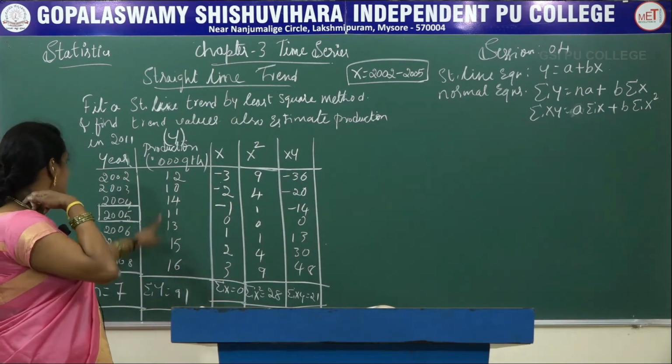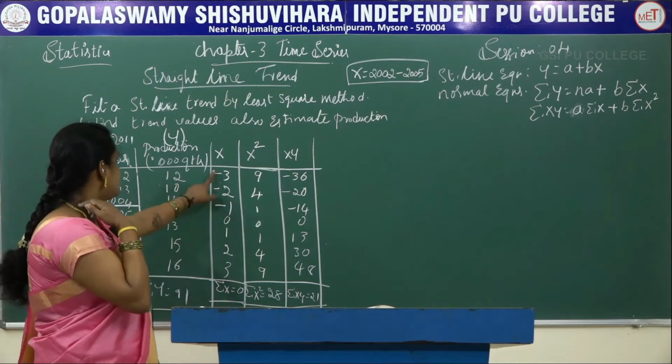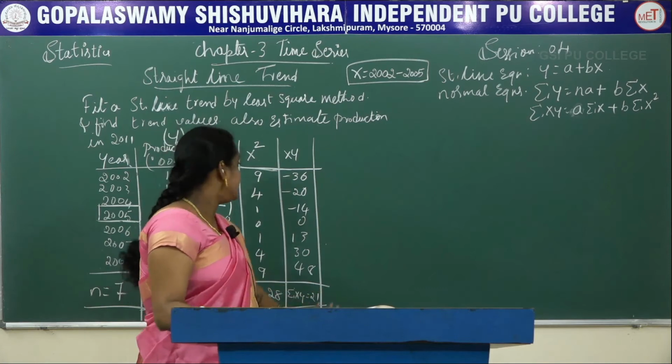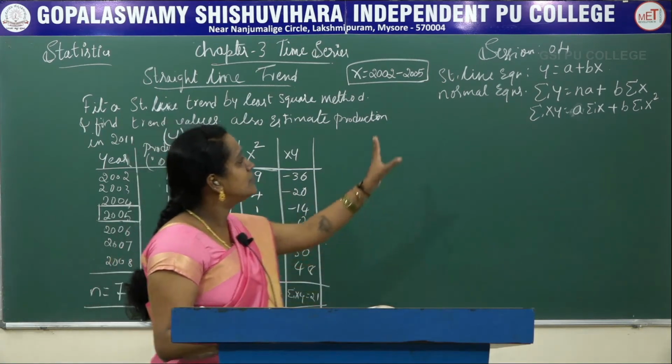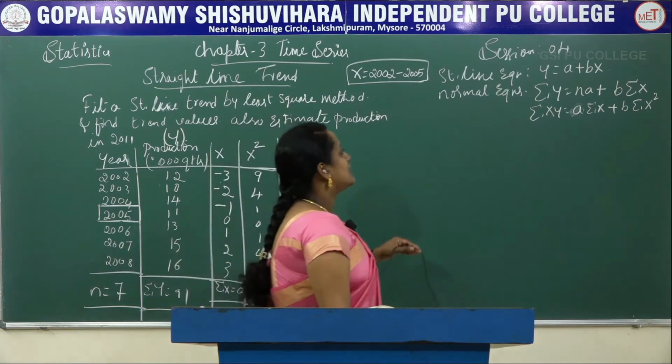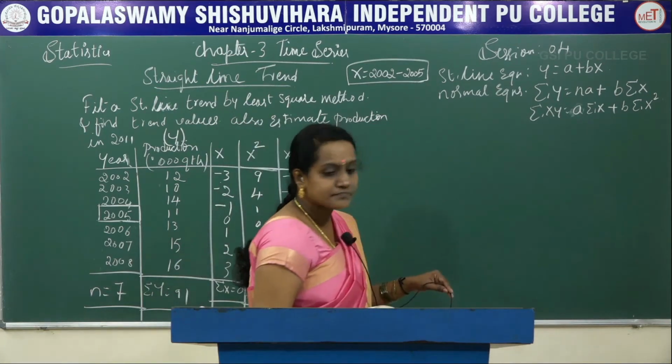So n is 7, summation y is 91, summation x is 0, summation x square is 28, summation xy is 21. After finding these, we will go for the normal equations. First, just see the normal equations.